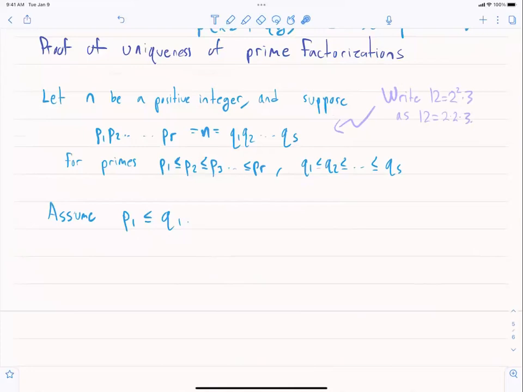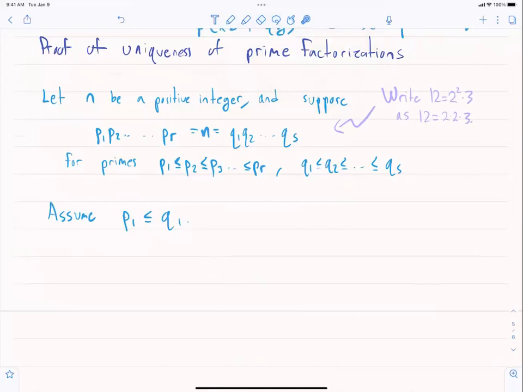Remember there's this ordering statement in the uniqueness theorem, so I'm ordering these: P1 is less than or equal to P2, is less than or equal to P3, and so on up to PR. The Qi's are non-decreasing as well. Okay, so this isn't quite how I wrote the statement before. I had P1 to the A1 and P2 to the A2 and so on when writing prime factorization earlier, and then I had strict less than there.